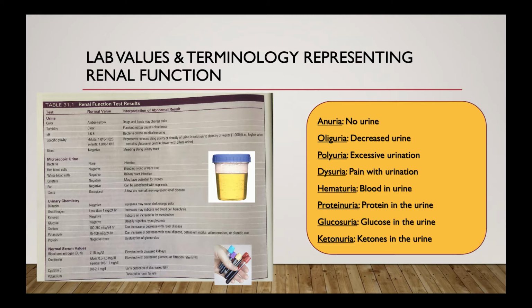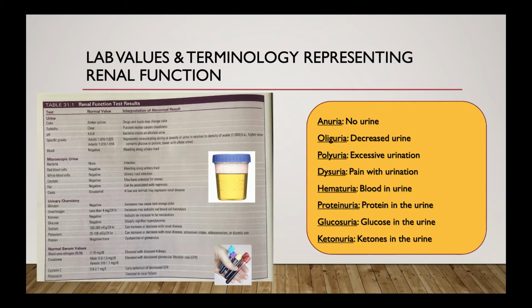I don't ever see it in practice. We really just do the BUN and creat, as people call it. They just call it creat. You'll hear it affectionately nicknamed that. And then potassium for sure. So we're going to have really high serum potassium levels if our kidneys are not functioning appropriately.